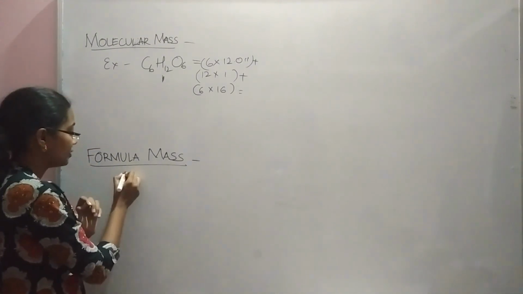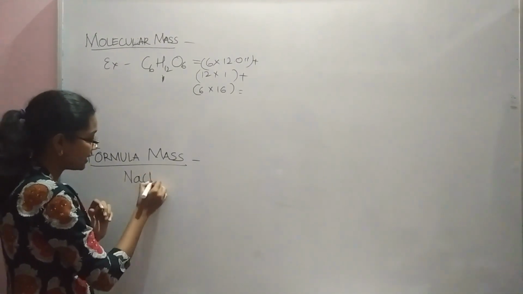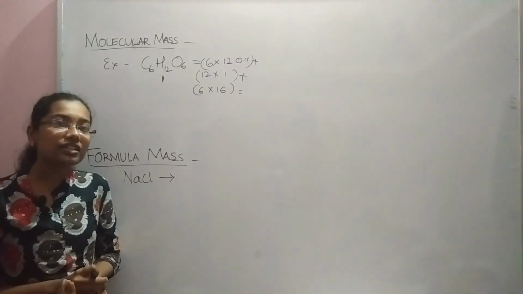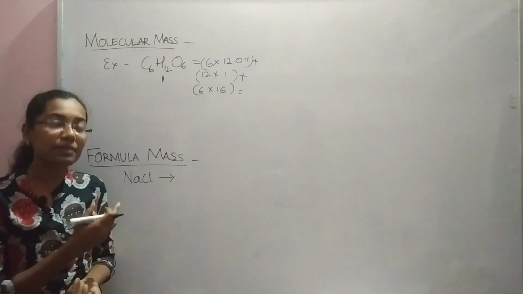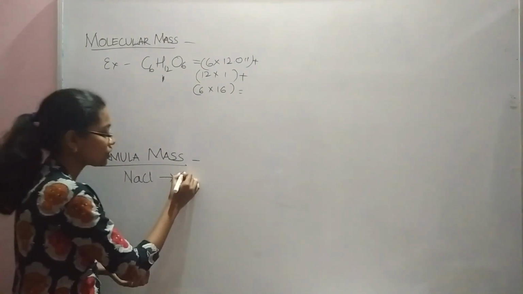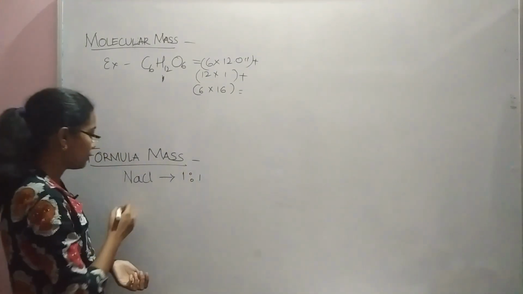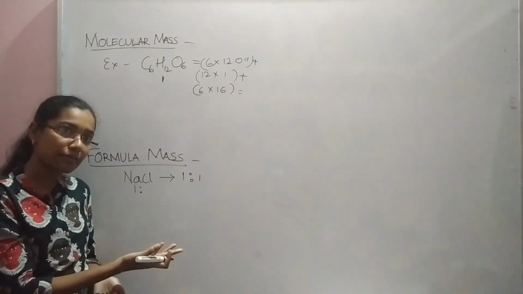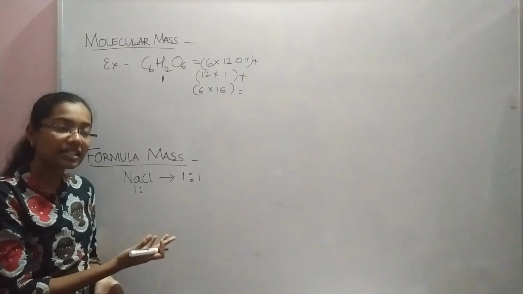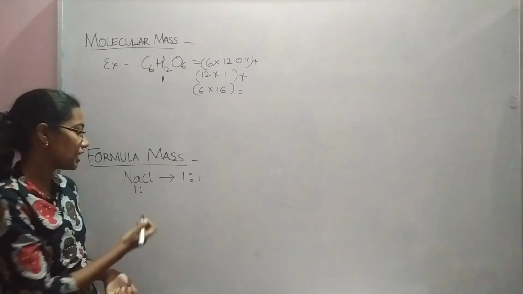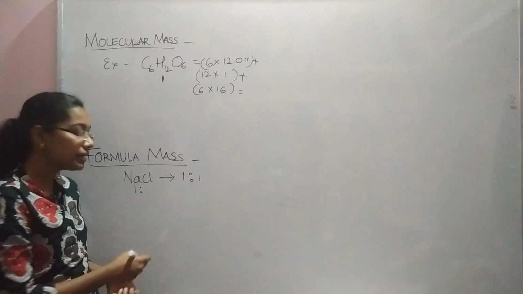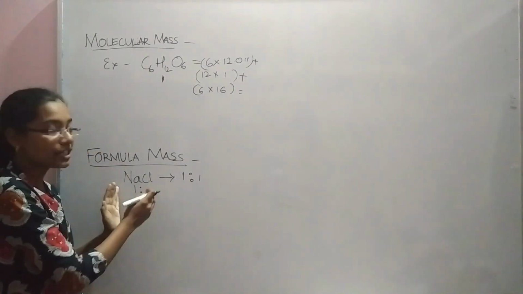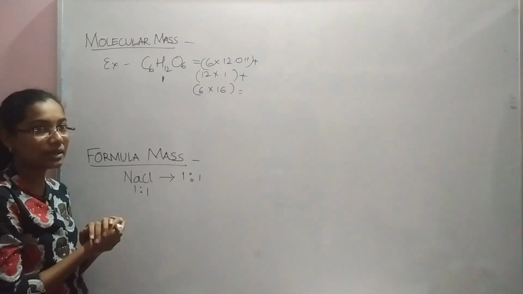If you take NaCl, the ratio of Na+ and Cl- ions is 1:1. One Na+ is surrounded by 6 Cl- and one Cl- is surrounded by 6 Na+, like that. So the ratio will be 1:1. With the help of this ratio we'll calculate the formula mass here.